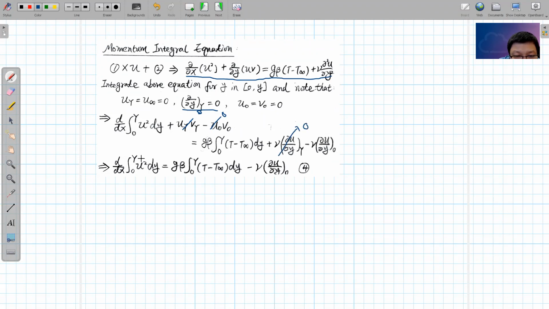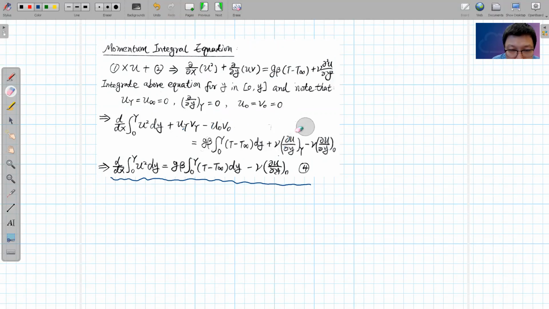So this equation 4 is what's left, the integral form of the momentum equation. This goes to 0, this goes to 0, and this goes to 0. So this is how we derive the momentum integral equation.